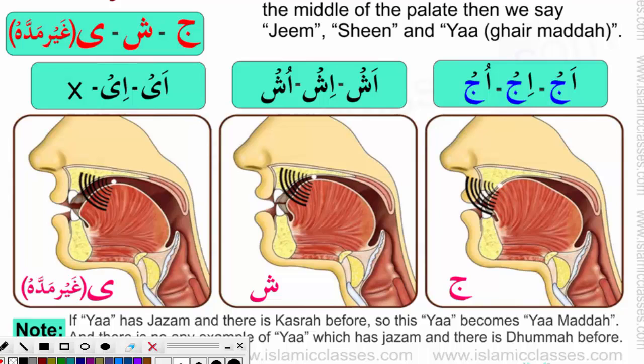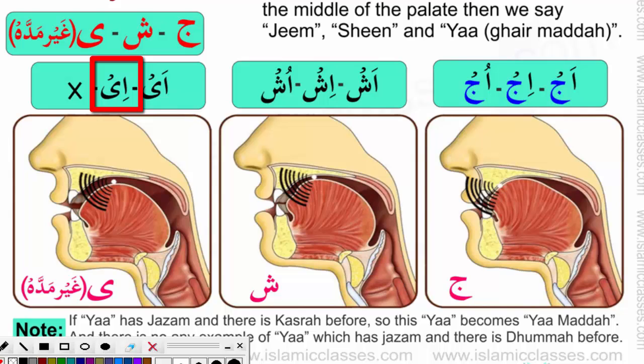So the first example is also of Ya ghair maddah, like Ya. But the second example which is here, this is the Ya maddah example. We say this sound is e. We are not pronouncing the ya sound exactly as they are showing to us in this image. Like we are not saying ya or e like that.